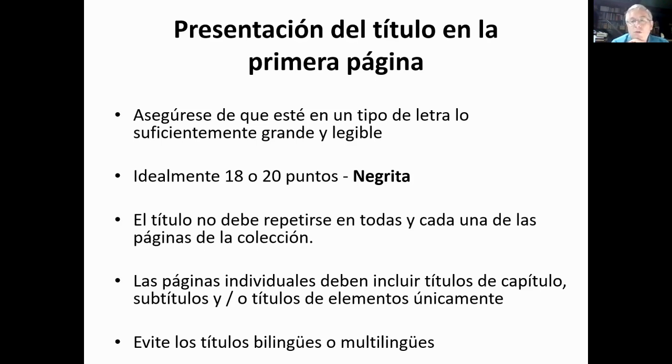No, do not repeat the title on each and every page of the exhibit. It's both time-consuming, unnecessary, it wastes space, and it just makes more words to read. The individual pages within the exhibit should include chapter headings, subheadings, or item headings only, not the title of the exhibit.